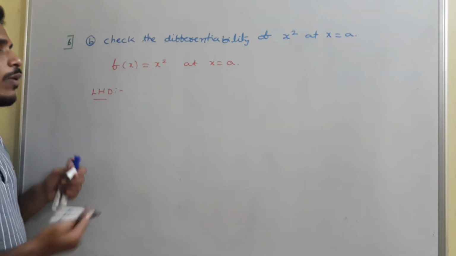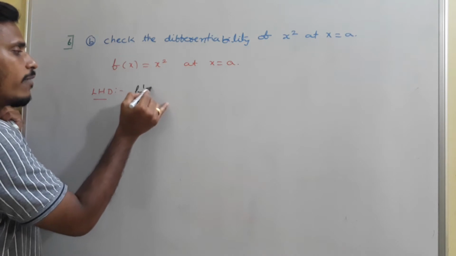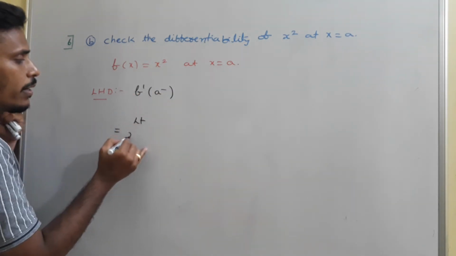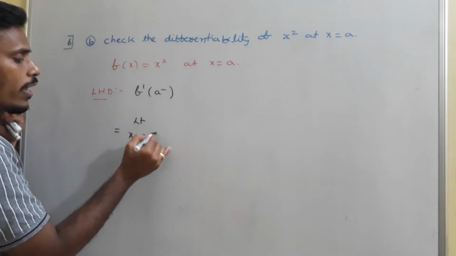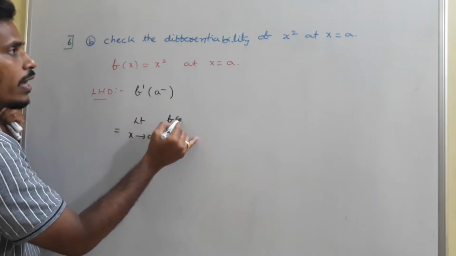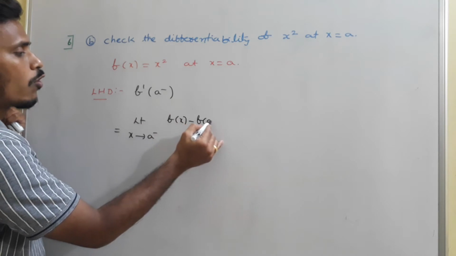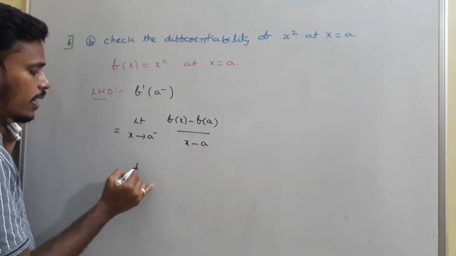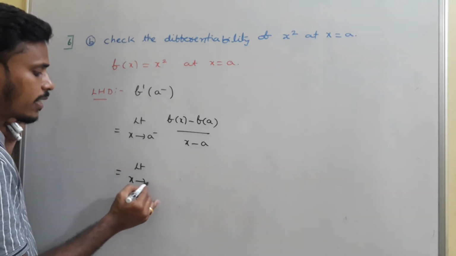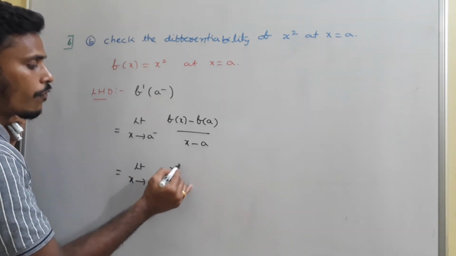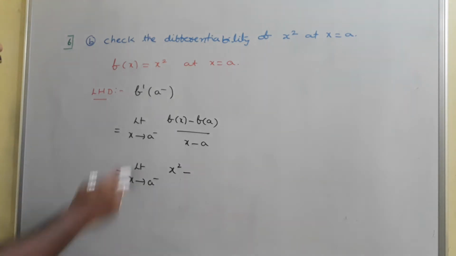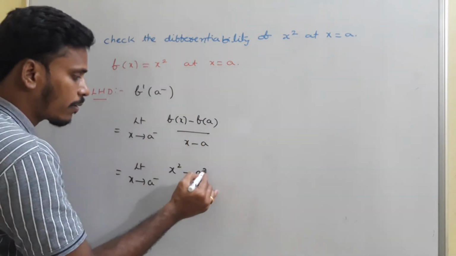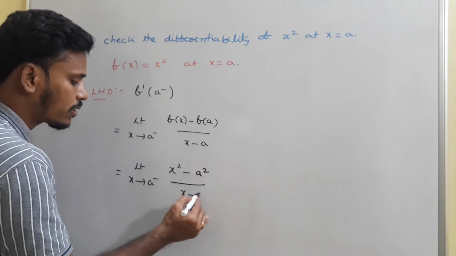Left hand derivative at x equals a is simply f dash of a minus, and as we discussed, this is limit x tends to a minus of f of x minus f of a divided by x minus a. If f of x is x square, then f of a is a square, divided by x minus a.